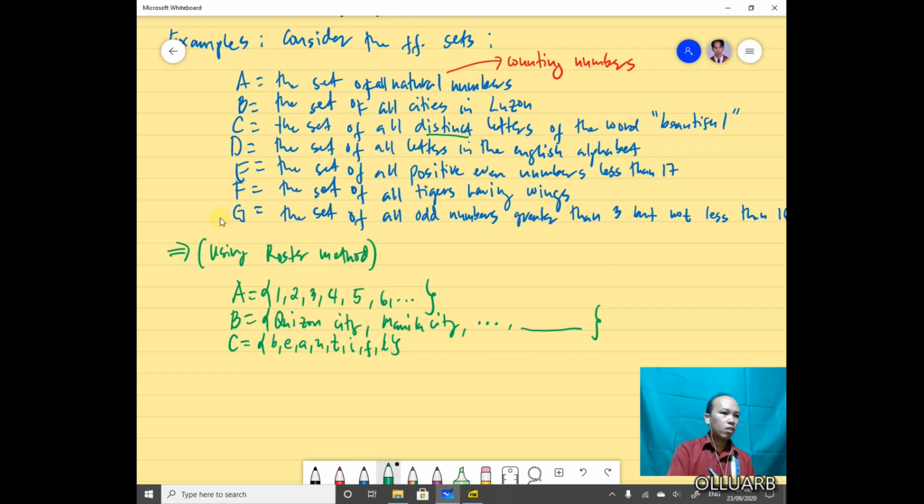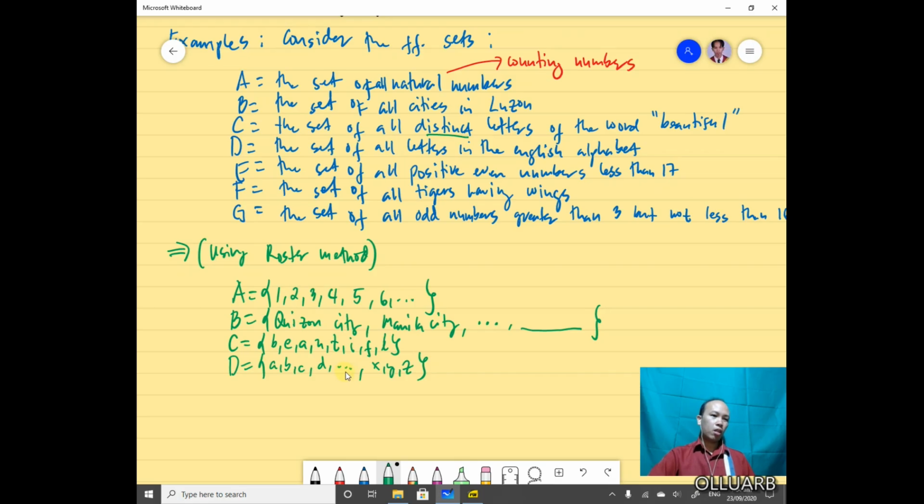For set D, we have the set of all letters in the English alphabet. So we have A, B, C, D, and so on up to X, Y, Z. So the rule to write a set: if there are more than 10 objects, then you can use these 3 dots.